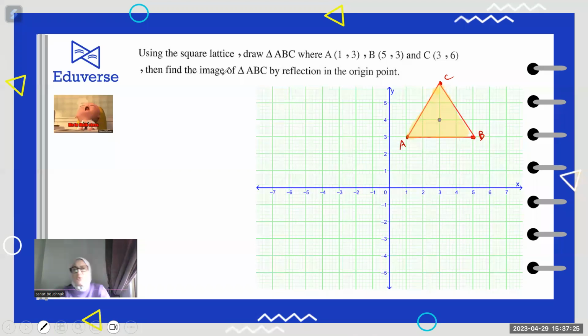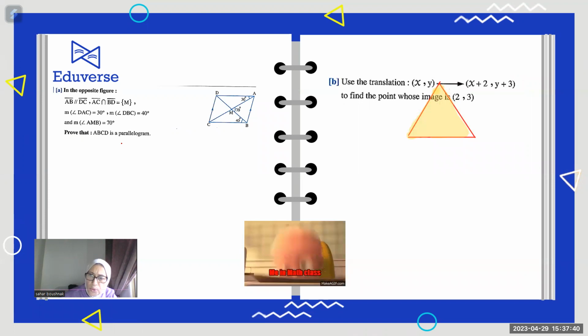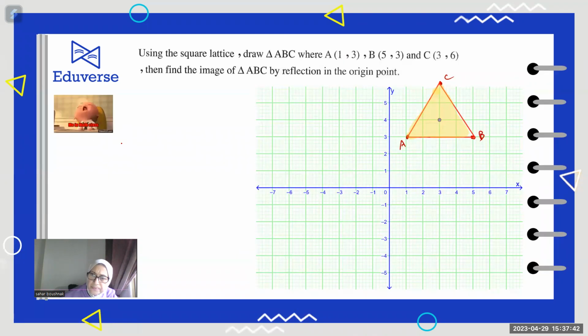Now, he is asking me to find the image by reflection in the origin point. Remember, to make a reflection in the origin point, we will change both of the signs. This is A, (1, 3).